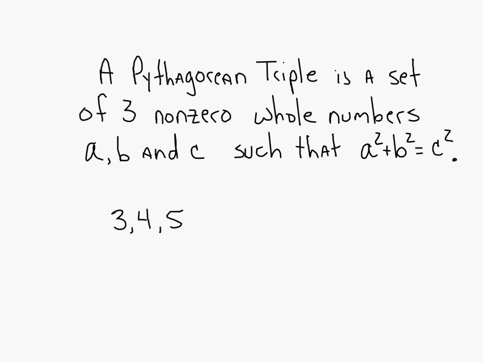And you can see that there's a pattern there. 3 times the number, 4 times the number, and 5 times the number form a Pythagorean triple. Or basically 3 numbers that are in the extended ratio of 3 to 4 to 5. Another one is a set of numbers in the extended ratio of 5 to 12 to 13. Any questions?